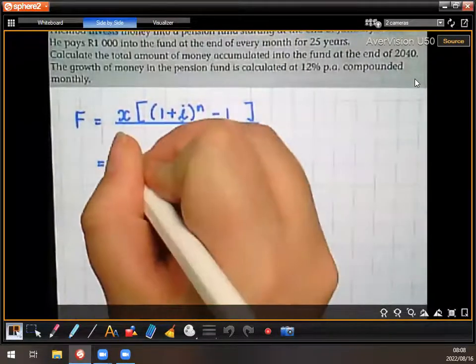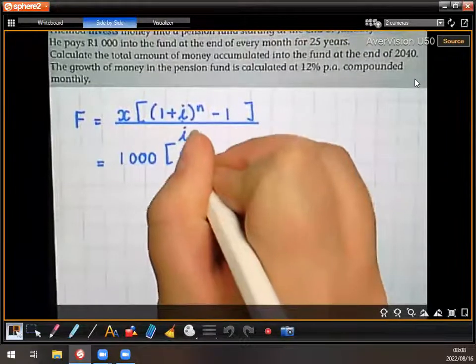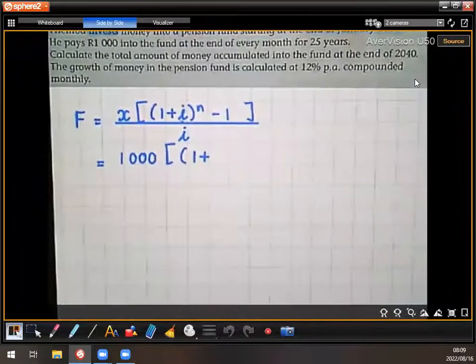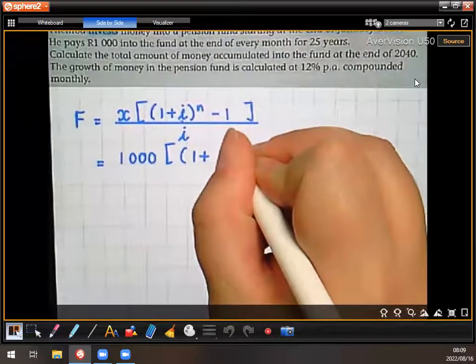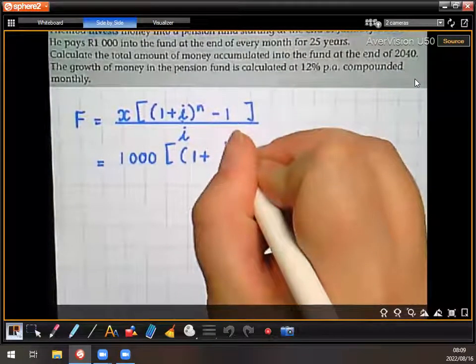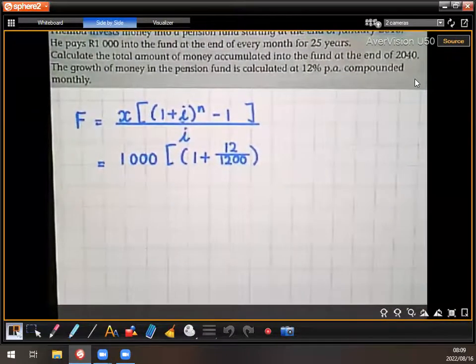So our X value is just that payment, 1,000 bracket 1 plus the interest rate. Now it is 12% monthly, right? So we're just going to write that as 12 over 1,200. You guys remember that from last year? When it's monthly, then your denominator is 1,200.